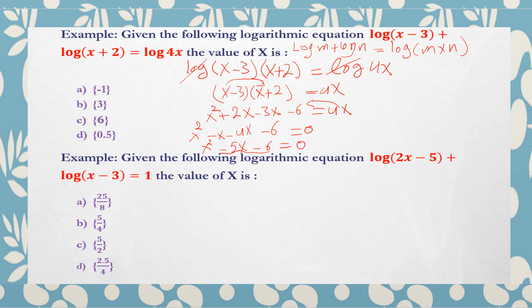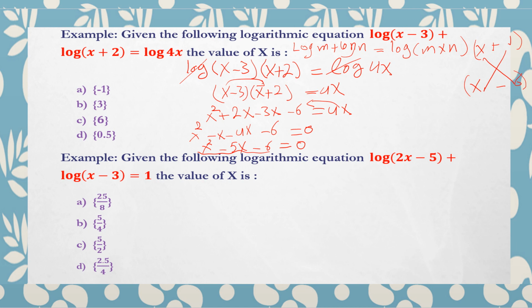This is the form of a quadratic equation, and we can solve this equation using factoring. So x and x, 1 times 6. By giving 1 a positive sign and 6 a negative sign, 1 times negative 6 means negative 6, and 1 minus 6 gives minus 5x.